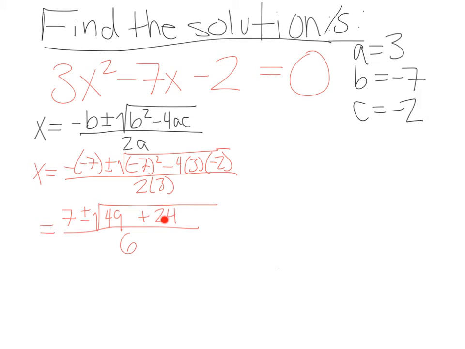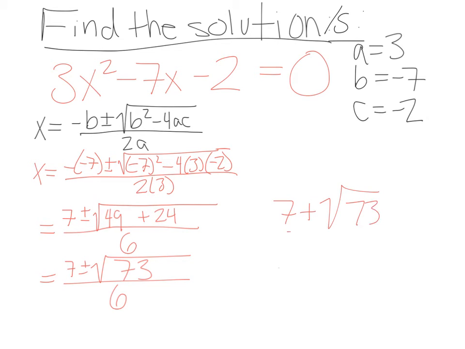Then continuing to simplify, I'm going to add what's under my square root. So 7 plus or minus the square root of 49 plus 24, which is 73, all over 6. If we wanted to, we could separate it into 7 plus the square root of 73 over 6 and 7 minus the square root of 73 over 6.